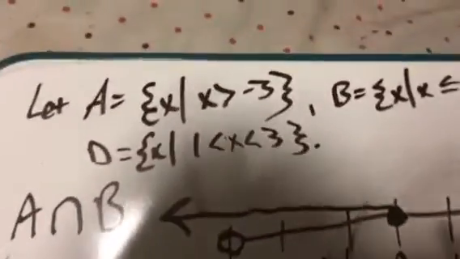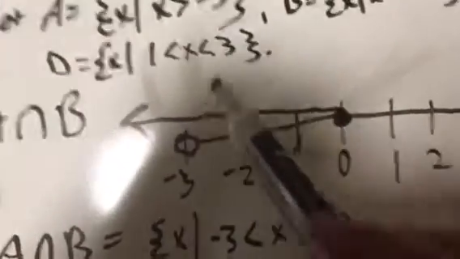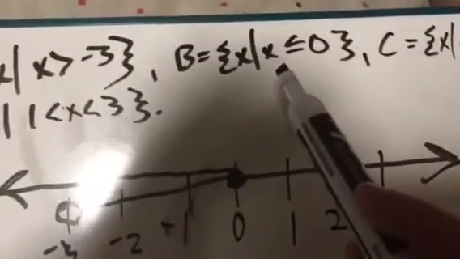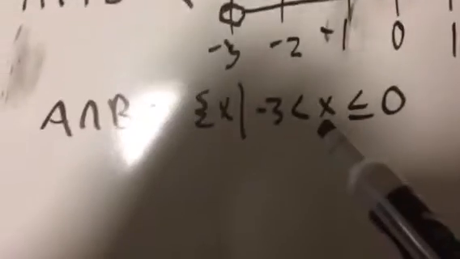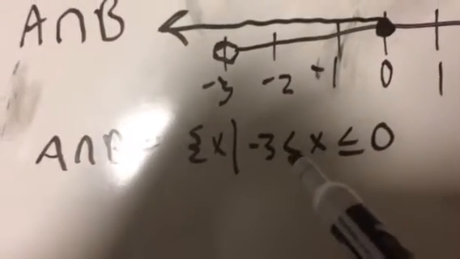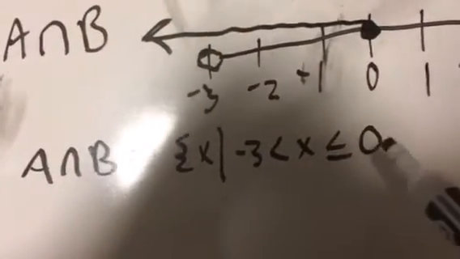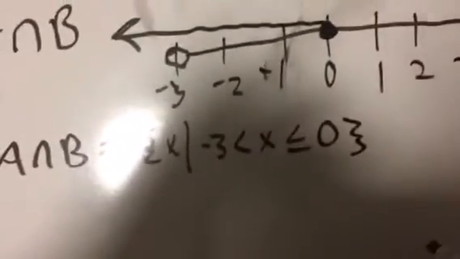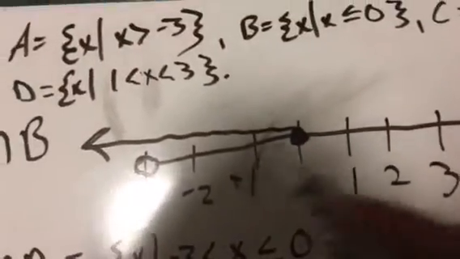And if you look, you can see here x is greater than negative 3 and x is less than or equal to 0, and that's all you have down here. So really, you don't even need the number line. That's just a way of visualizing it. You can take it directly from this.